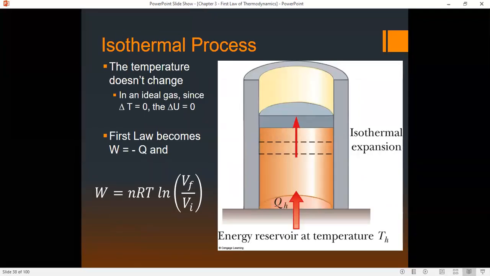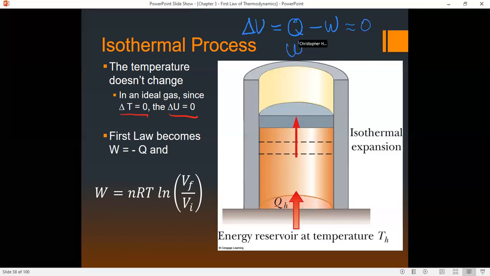And again, temperature doesn't change. With an ideal gas, delta T is basically 0. So if it is an ideal gas, in real gases this isn't necessarily true, the internal energy is not changing. And by the first law of thermodynamics, the change in internal energy is equal to Q minus W. So in this particular case, these add up to be equal to 0.